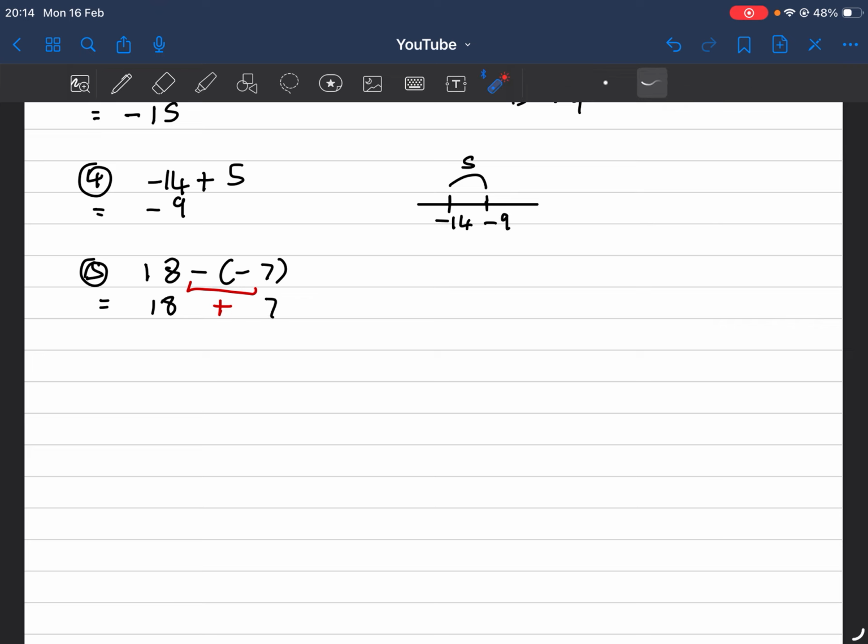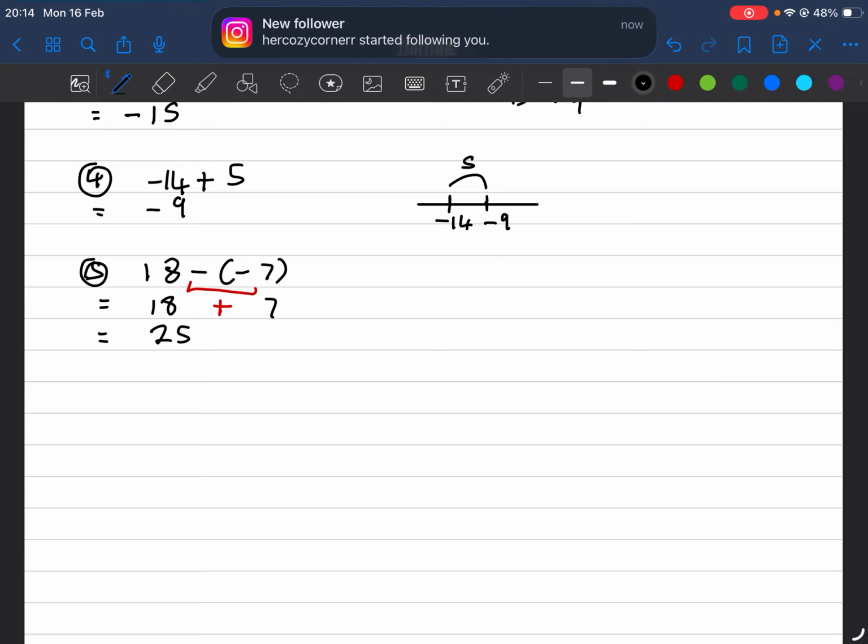Remember that we changed these two into a positive, so they disappear and you get the positive, and then the rest follows. And now you just got to sum 18 plus 7, and you don't even need to apply a number line. This is your standard calculation, and it's going to give you 25.